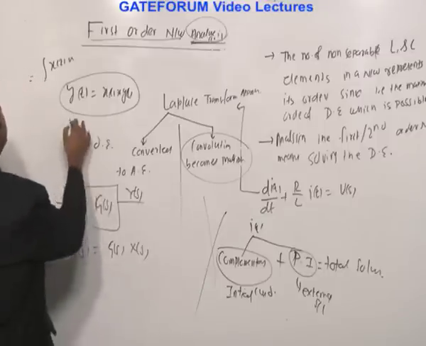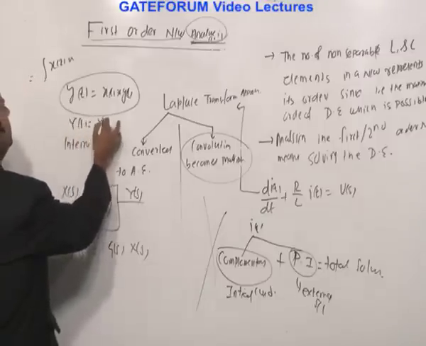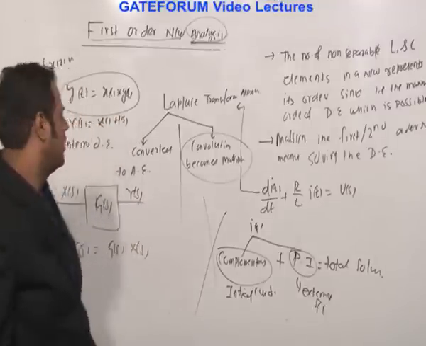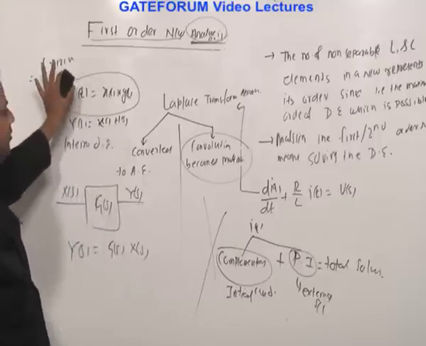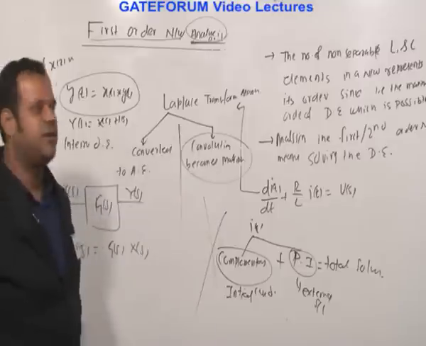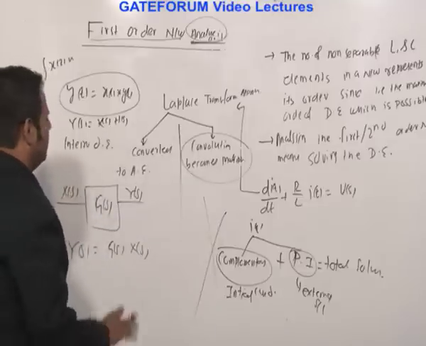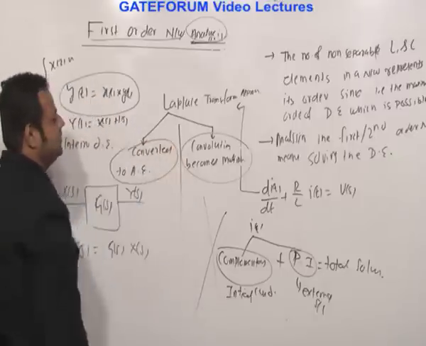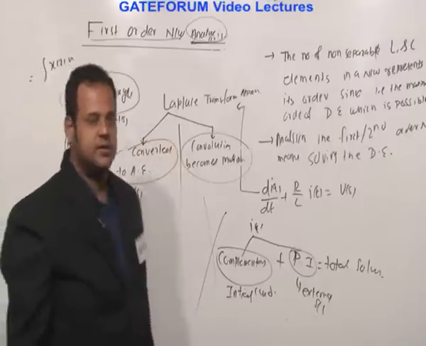But if you find the Laplace of this, it becomes X of s and H of s, and we are pretty comfortable with multiplications. In the signals course you will learn how it is happening. So that is one more great advantage from the signals and systems point of view and the control systems point of view. But from the maths point of view, the great thing is that it is converted to algebraic equations.